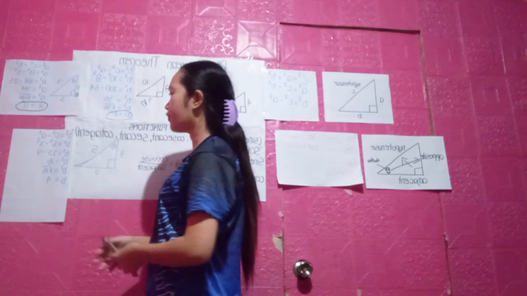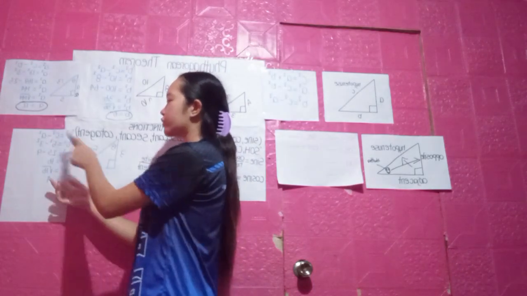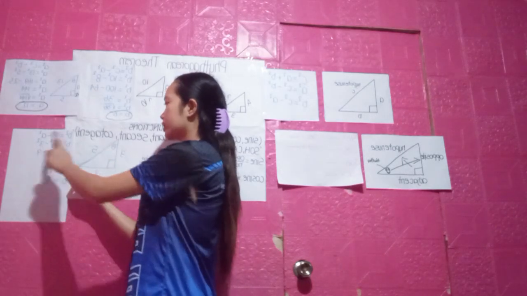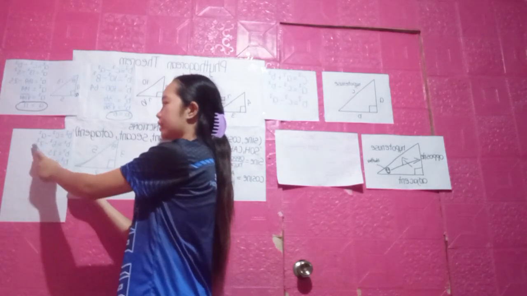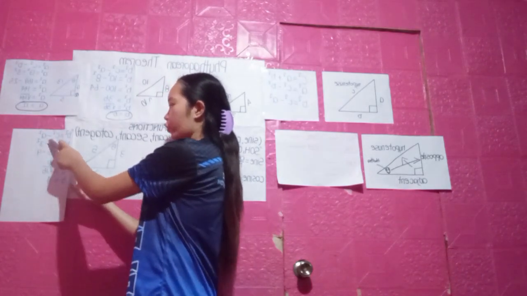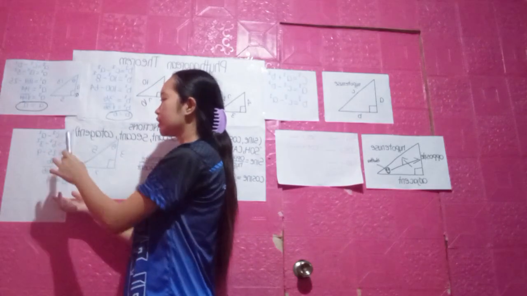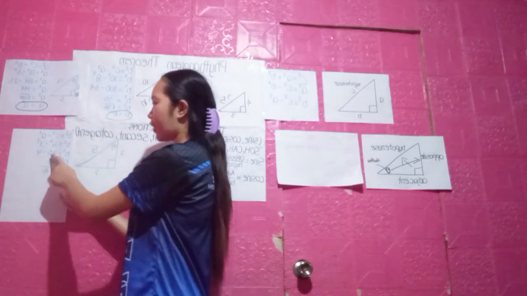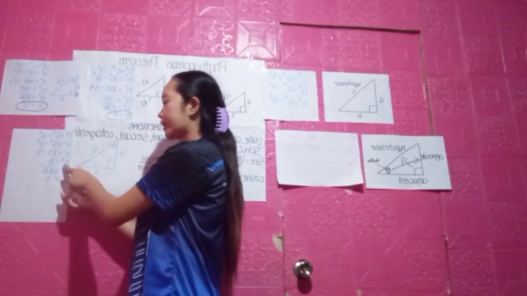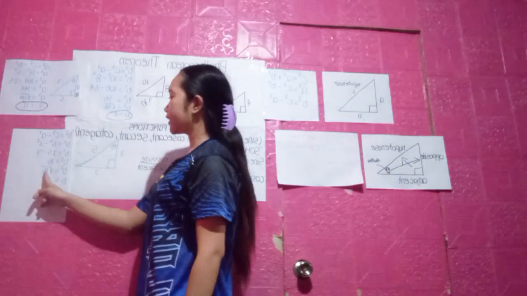So now, simplify. B squared equals the hypotenuse, which is 5, so it becomes 5 squared minus the adjacent, which is 3, so it becomes minus 3 squared. Now let's solve. 5 squared is 25 and 3 squared is 9. Then 25 minus 9 is 16. But it is B squared, so we need to take the square root of 16.